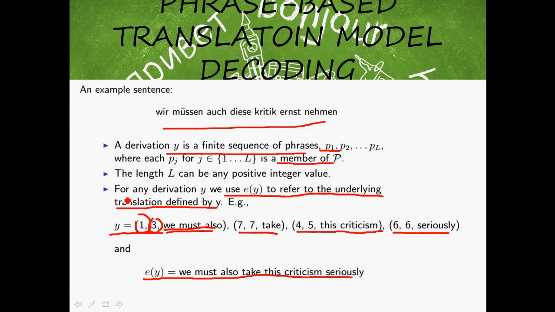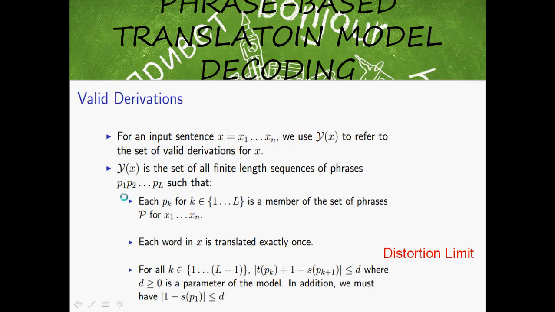It is perfect. However, there should be many different derivations. So how do we know which one is valid? Here are the rules. The first one means the phrase must be a member of P. And the second one says each word is translated exactly once. The important one is the third.